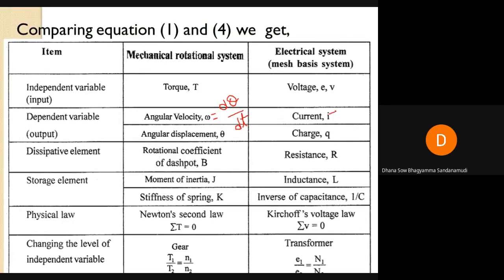I is equal to dq/dt. When q and theta are analogous, definitely dq/dt will be analogous to d theta/dt. That is, omega is analogous to I, T is analogous to V or E, B is analogous to R, J is analogous to L, K is analogous to 1/C.